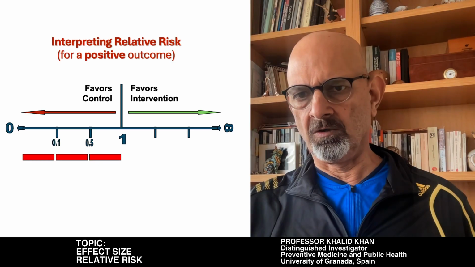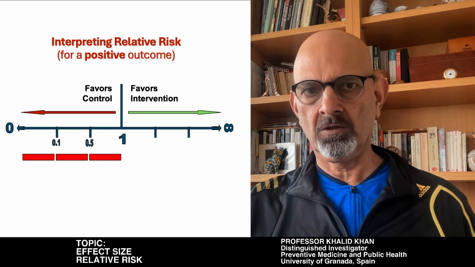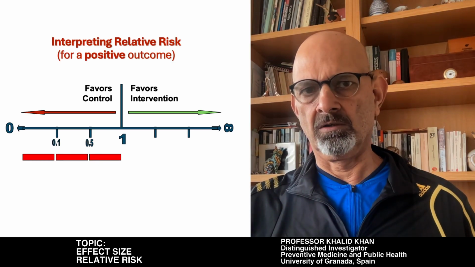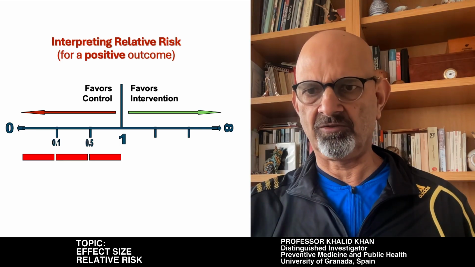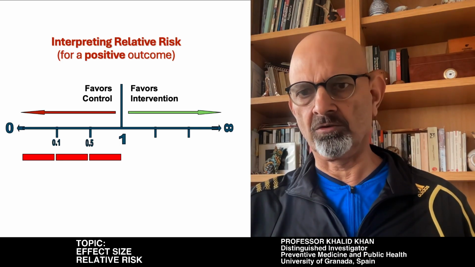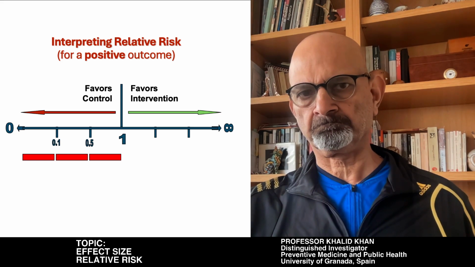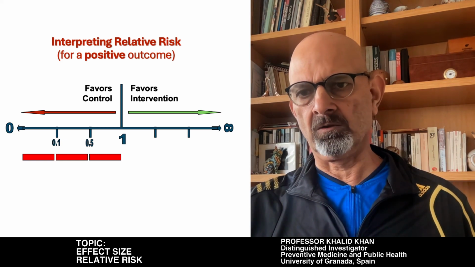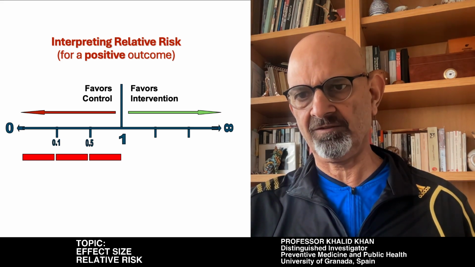So a value closer to 0 shows greater favor of control. A value like 0.1 would be more in favor of control than a value of 0.5.